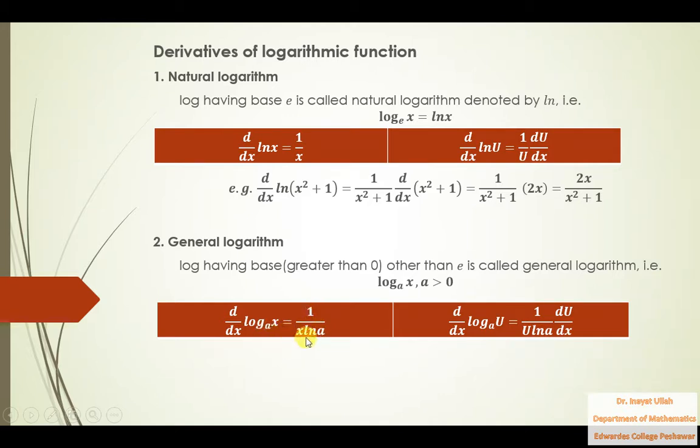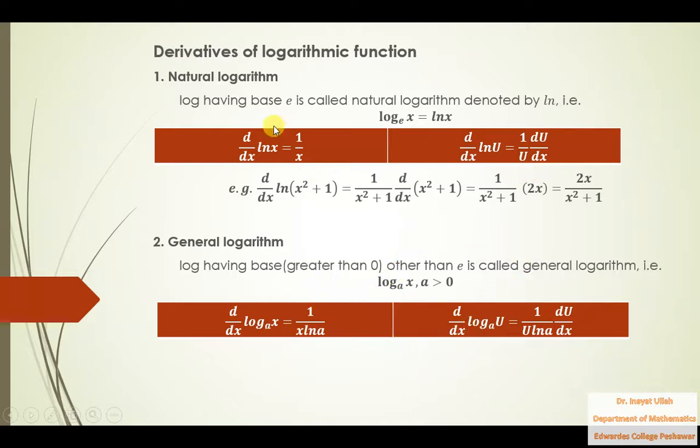So 1 by x into natural log of a is the derivative of this general logarithmic function. If there is a function of x instead of x, then that is 1 by u into natural log of a, into the further derivative of this u, just like this formula.